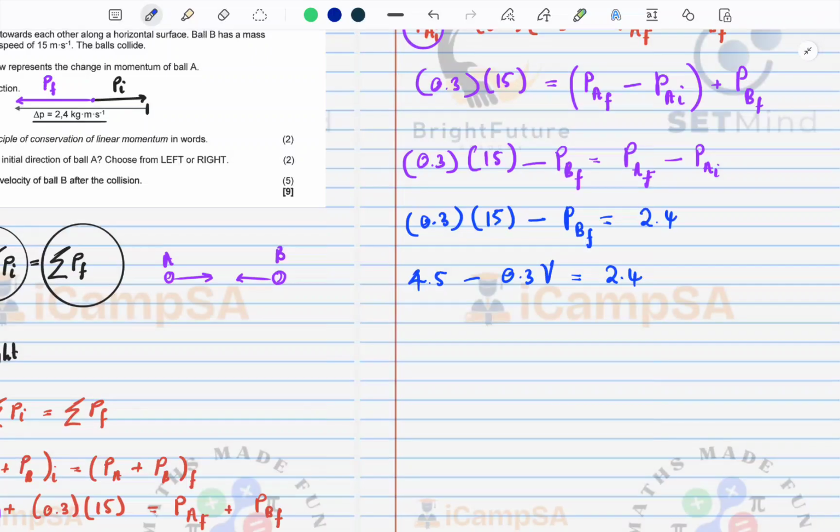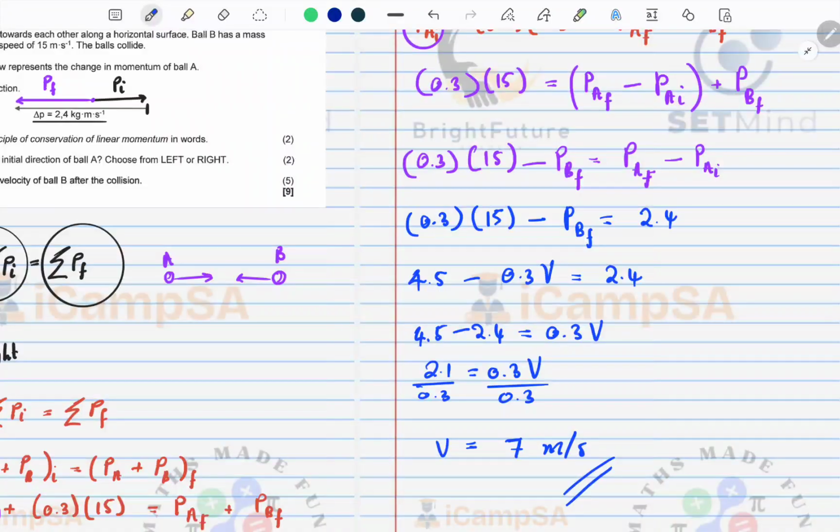Okay, we can just manipulate this. We say 4.5 minus 2.4 is equal to 0.3 V. And then I'm going to have 2.1 equals 0.3 V. Divide by 0.3, then V, I'm going to have 7 meters per second.